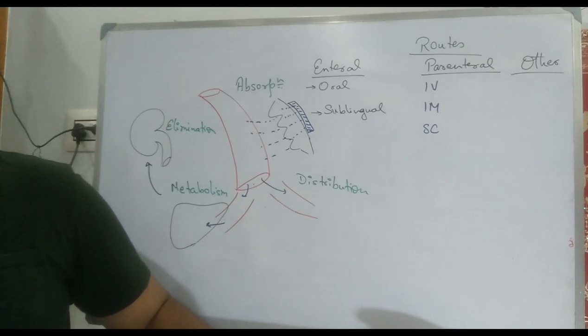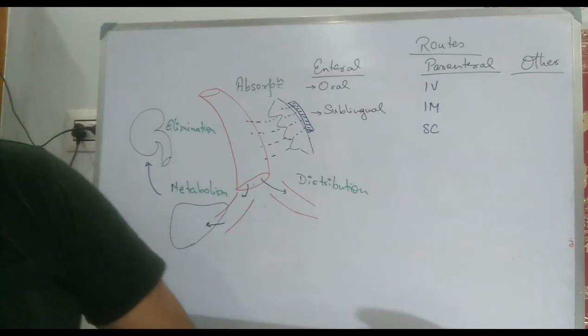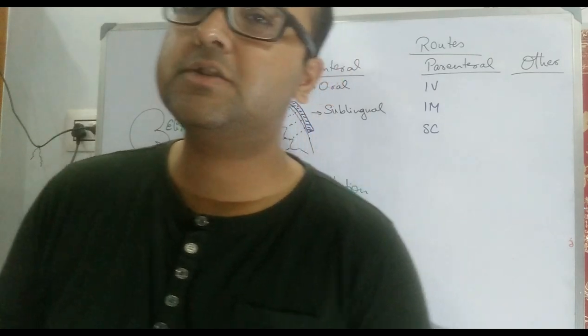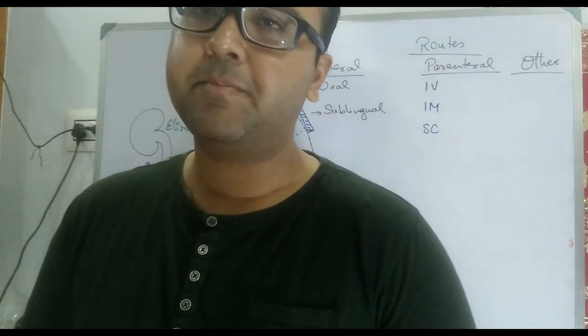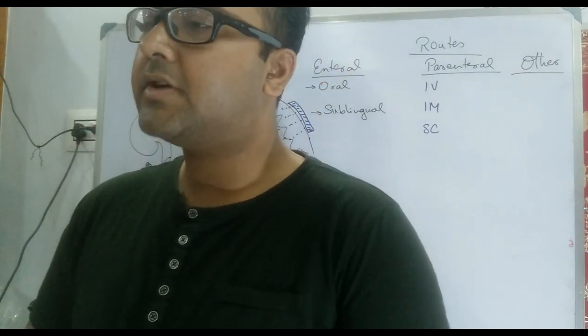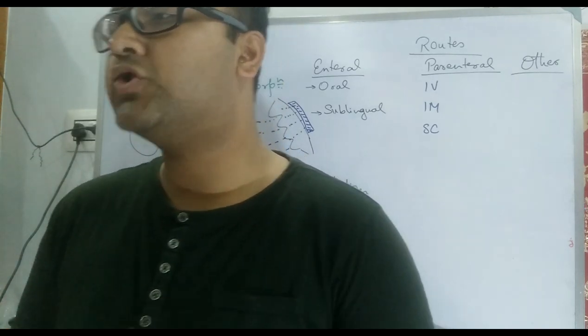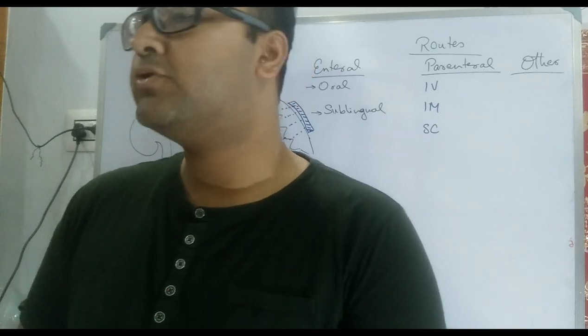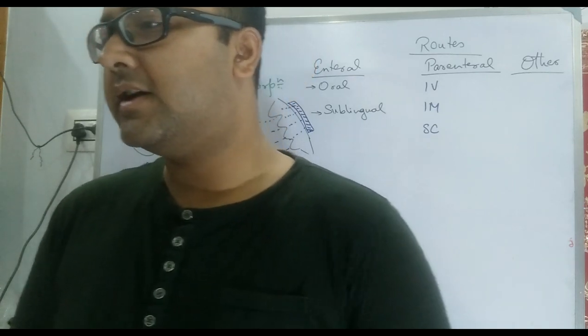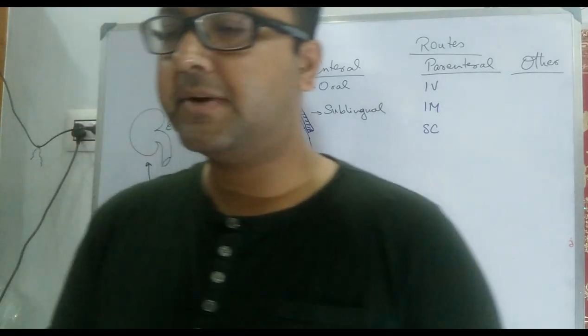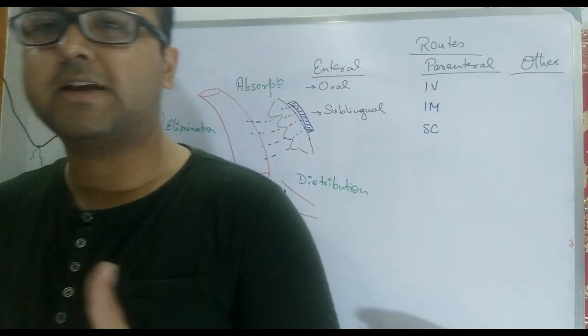Then there is one more factor that you should remember. Certain drugs are supposed to get absorbed in the intestine. We learned that most of the absorption takes place in the intestine. I'm not talking about the exceptional cases.